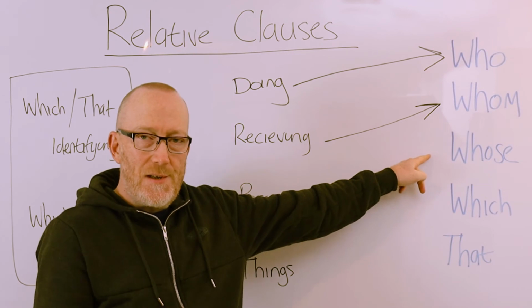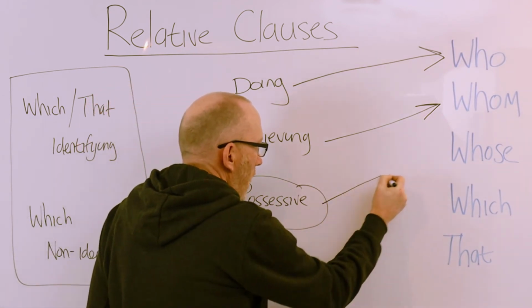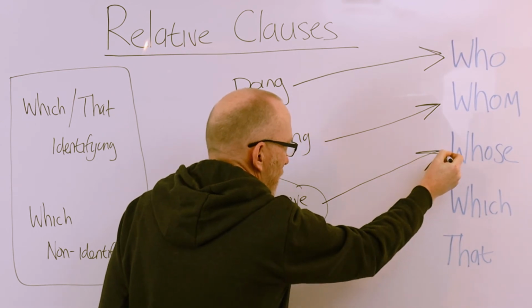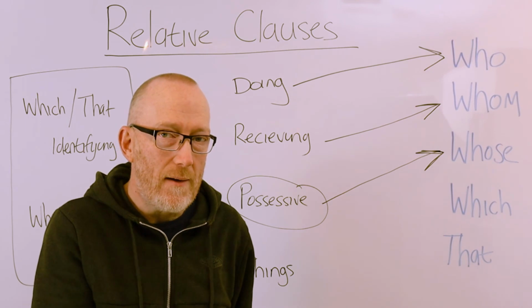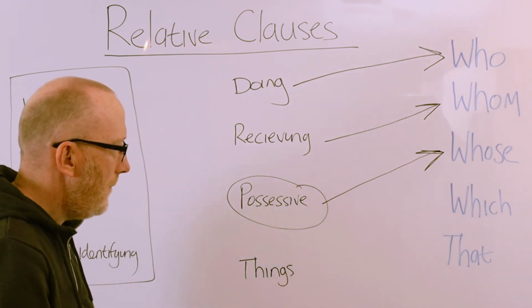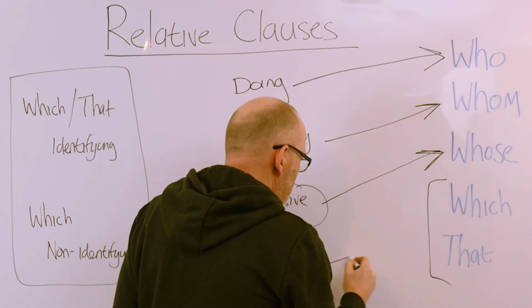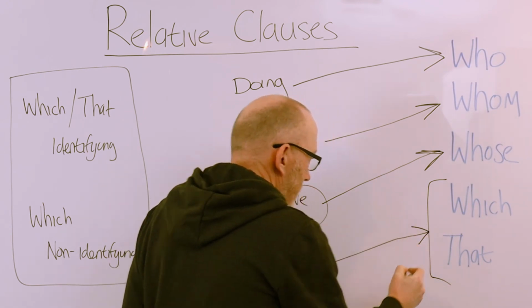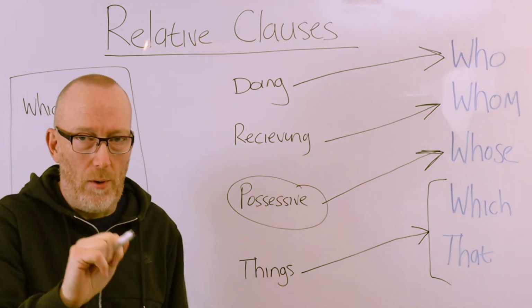Whereas whose is only ever used to identify ownership or the possession, not of an action but of an object. Yeah? So that leaves us with both which and that, which are used with things, anything except people.